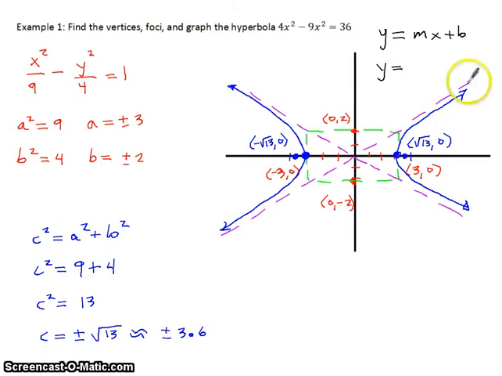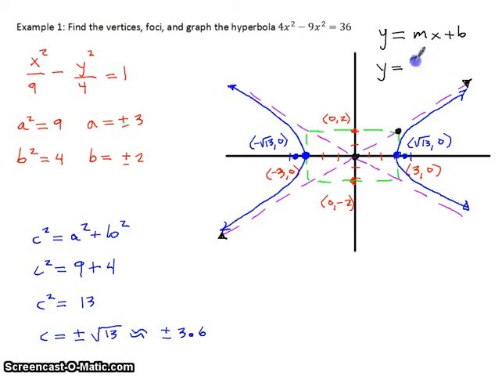Let's go ahead and identify the positive slope asymptote right now. To identify that, we have to look at the rise over the run, and that's pretty easy because if I start off at the origin, I can see that I would need to go up 2, and then over to the right 3 to find another point on that asymptote.